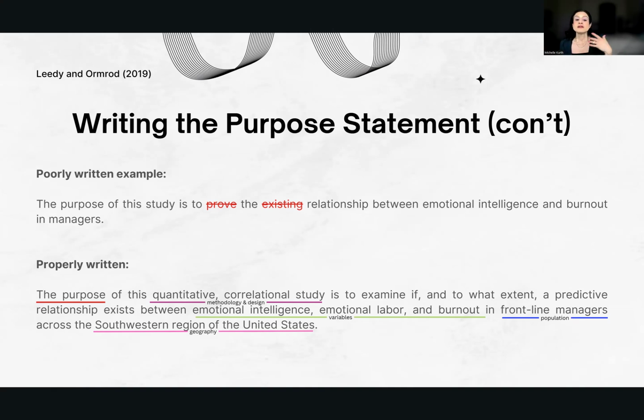Now, between emotional intelligence, emotional labor, and burnout, I'm listing my variables in there. The variables are the items that I'm going to be testing. And we'll have independent variables and we'll have dependent variables. We will go through that later.